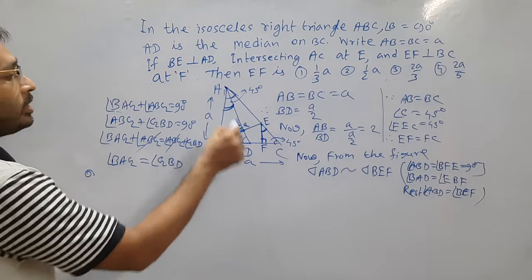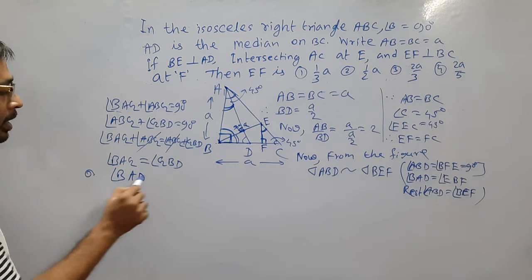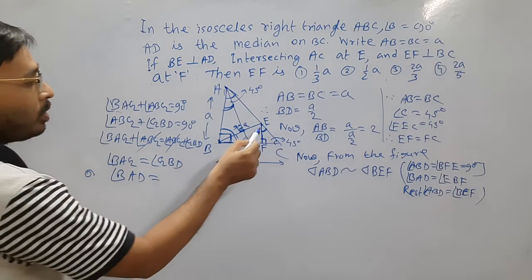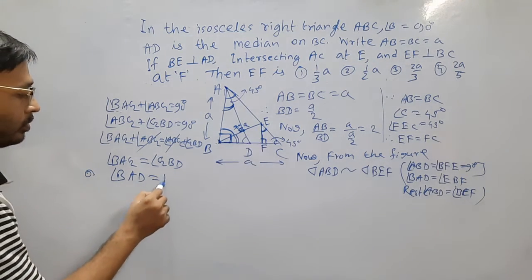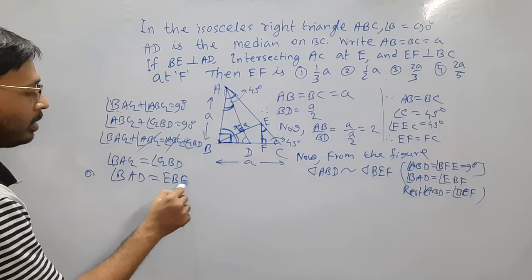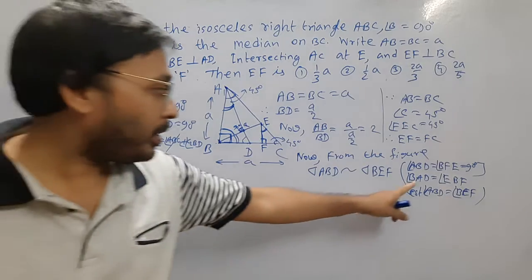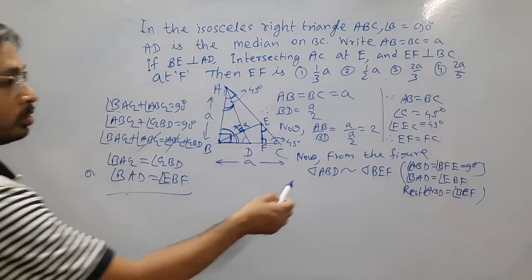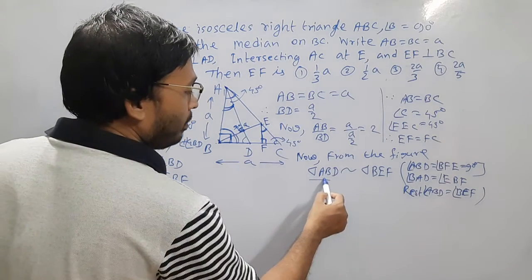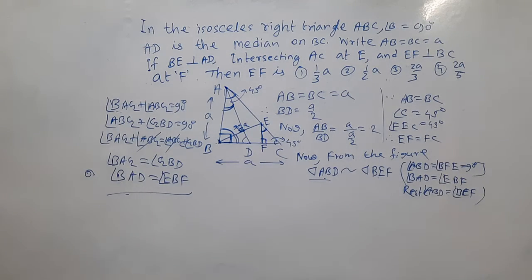Also BAG means angle BAD. Angle BAD is equal to angle EBF. Okay. So triangle ABD and triangle BEF are similar.